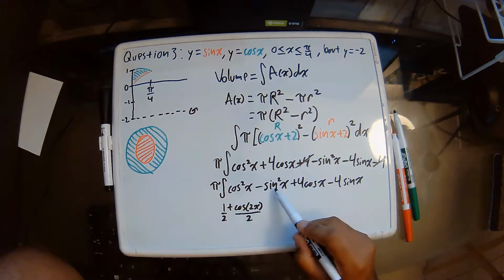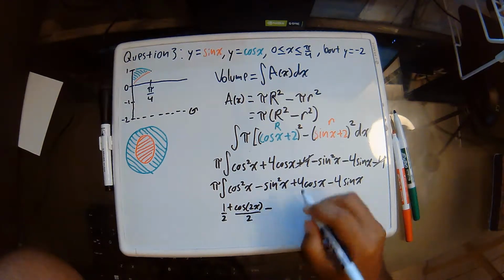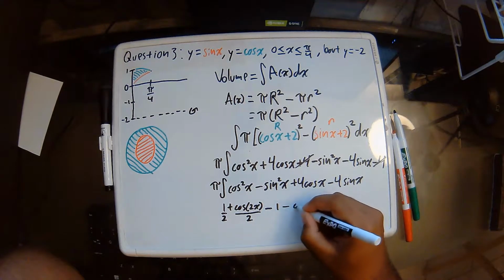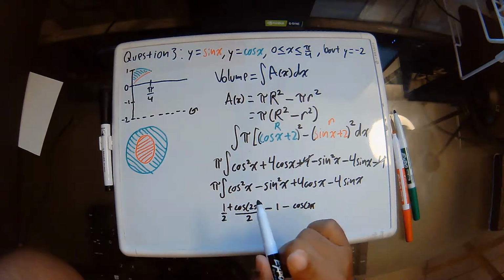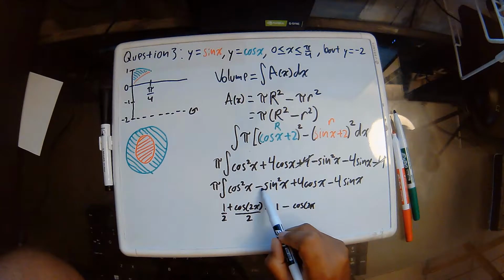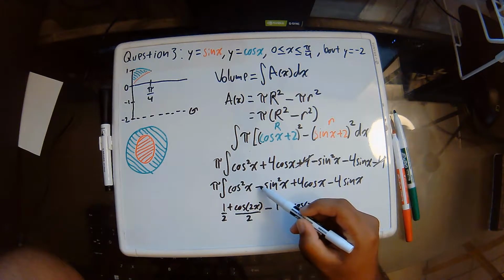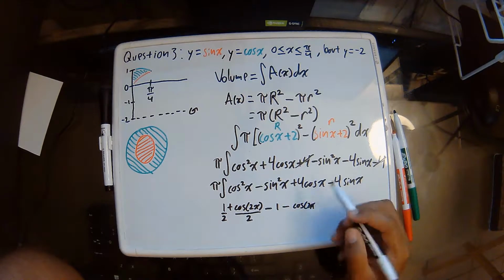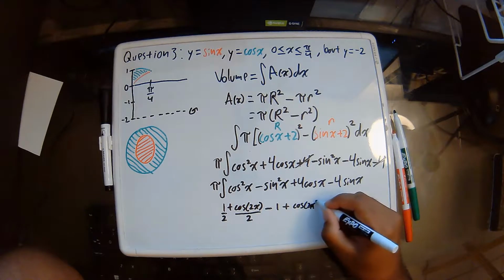And then for sine squared, it would be 1 minus cosine 2x over 2. But you have to be careful because this is already being subtracted, so you have to distribute that sign into the 1 and into this minus cosine. That would make this plus cosine 2x.